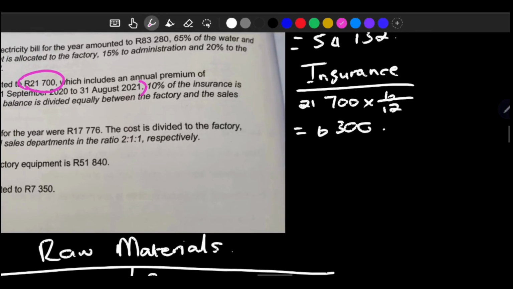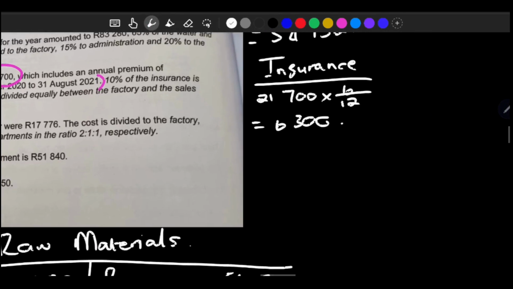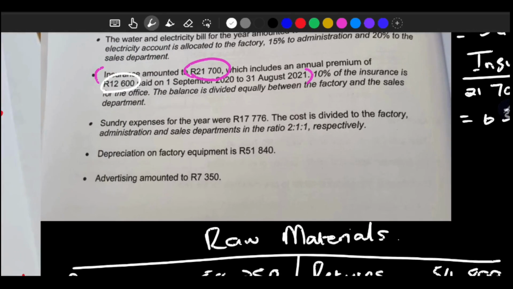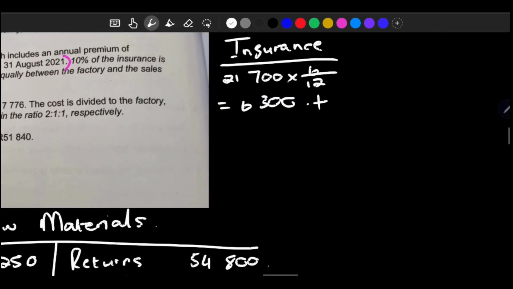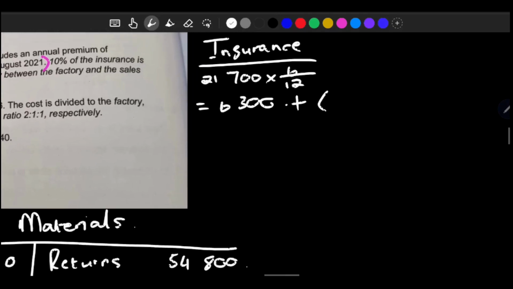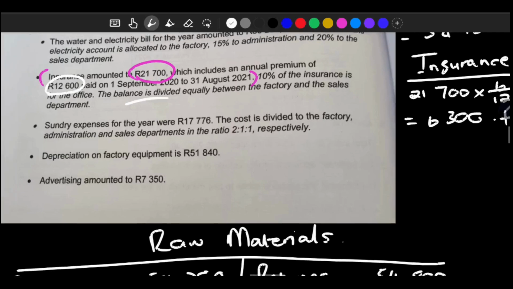Now this 6,300 is only for the 12,600, but remember our total cost for insurance was 21,700. So what we're going to do here is say 6,300 plus what is left of the 21,700. Remember 12,600 is part of the 21,700. So which amount for insurance was not part of the annual premium that we paid on 1 September? That part would be 21,700 minus 12,600. That is the part that was not included as the annual premium.